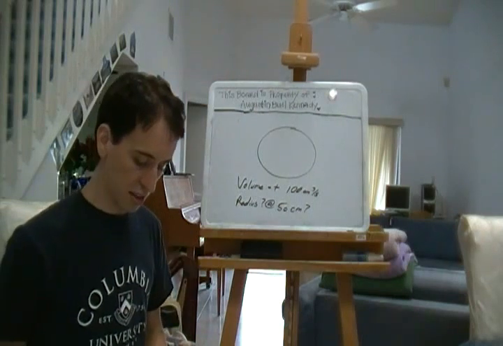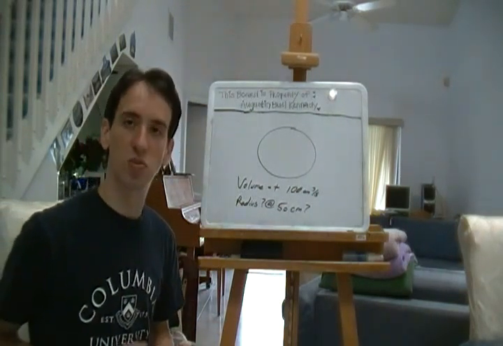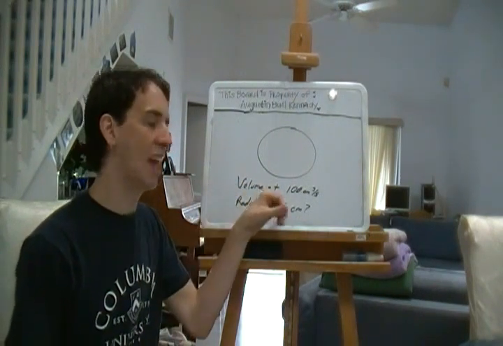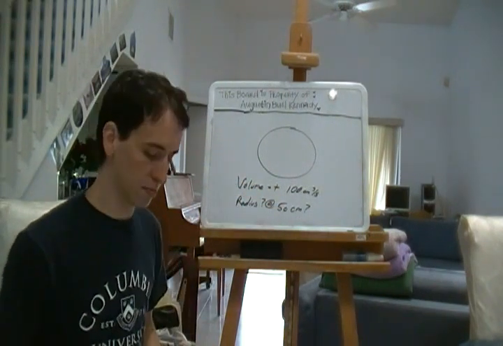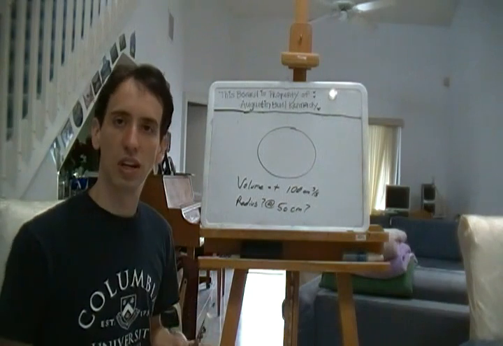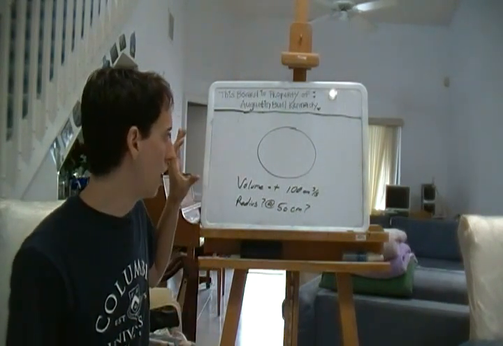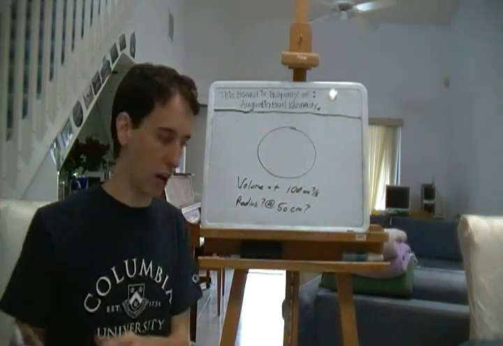Okay? Now this is a very typical related rates problem. We have volume, we need radius at a certain size. So the way to do this is to set up a related differential rate.